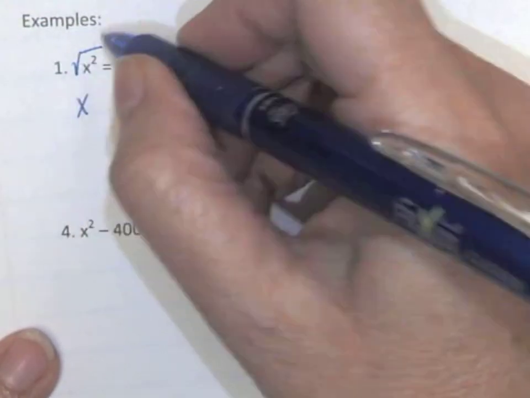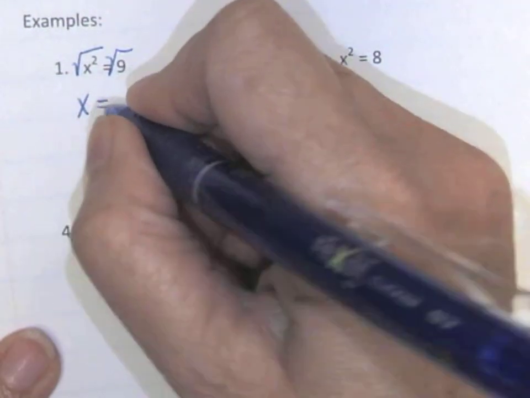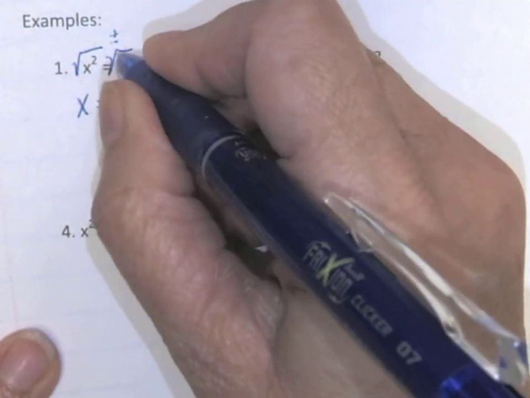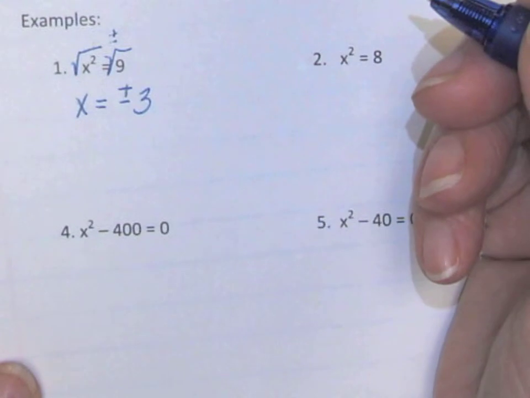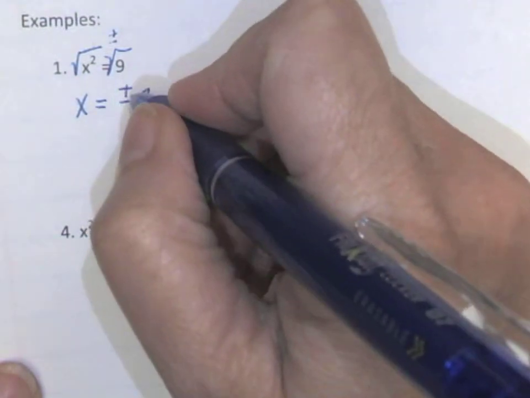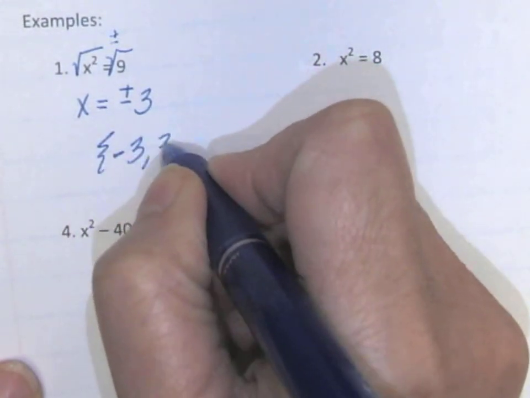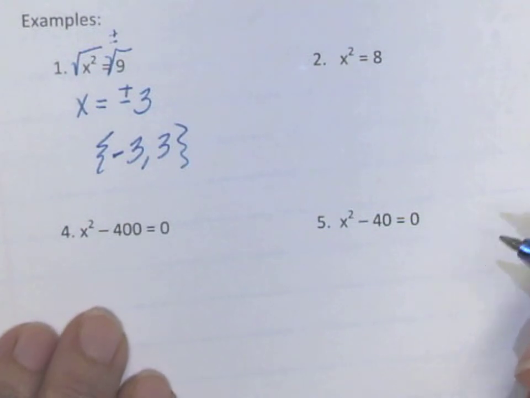So if I take the square root of this side, I must also take the square root of this side. And I want both the positive and the negative square root. So I'm going to get positive or negative 3. I can write it like that: x is both positive and negative 3. Or, remember how I wrote my roots in brackets? I can write it in brackets, negative 3, positive 3.